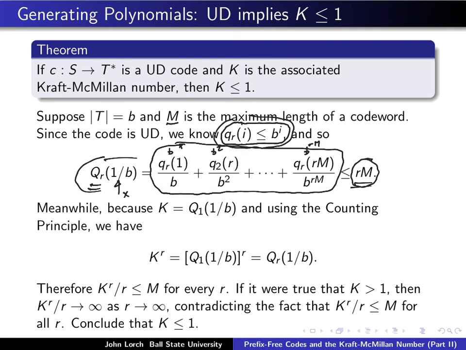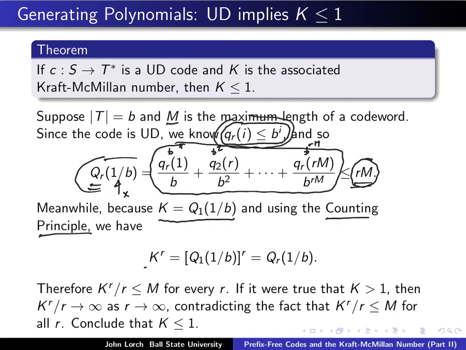Now, meanwhile, this expression in the middle, this sum, looks a lot like the Kraft-McMillan number. In fact, it is exactly the Kraft-McMillan number when r is equal to 1. That is, k is equal to capital Q sub 1 of 1 over b. So now we can use the counting principle that we had on the previous slide.